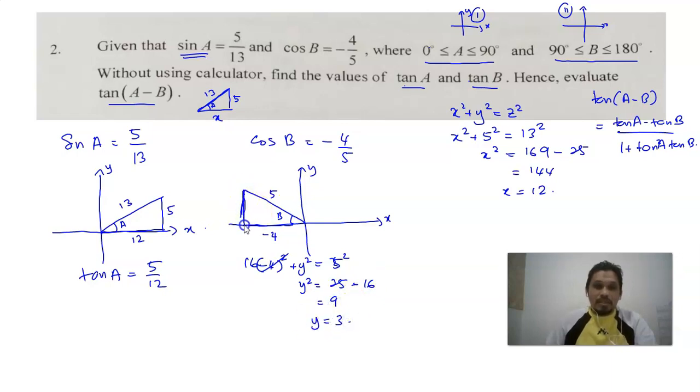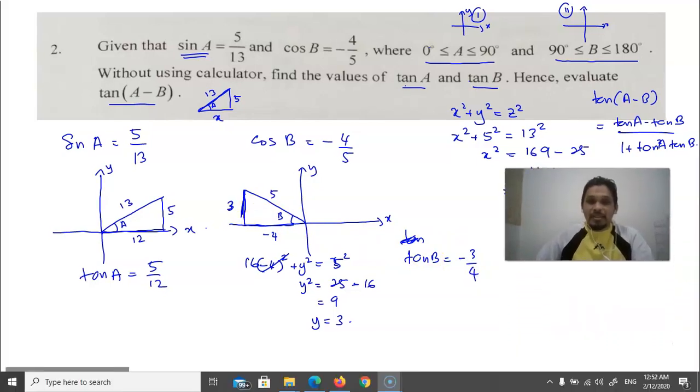So this side, the height, is 3. Okay, so now tangent B equal to opposite divided by adjacent, which is negative 3 over 4.